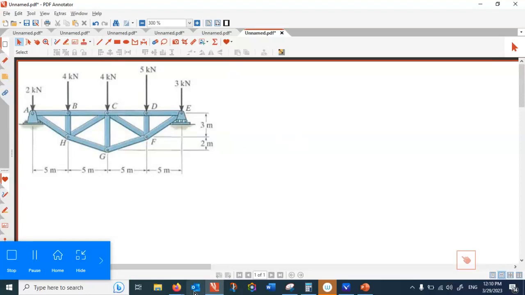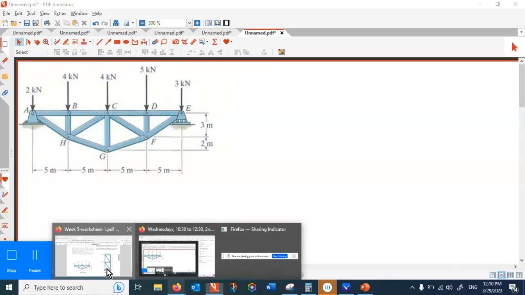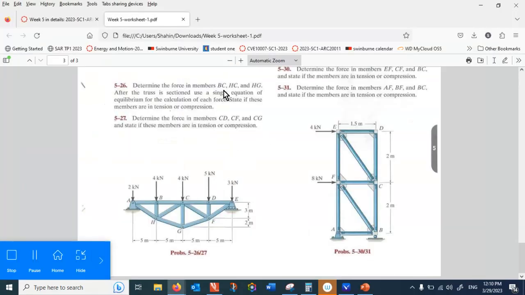So what do we want to find here? That is BC, HC, and HG. Well, that is pretty much like a Gothic structure because it has a haunch at this joint H. So that makes the geometry very complex. I mean, apart from that, I don't see any difficulty with this problem.